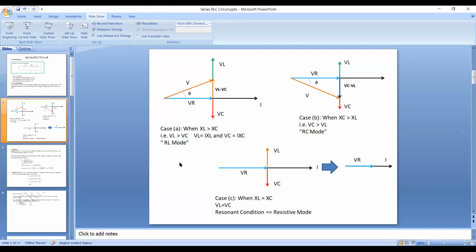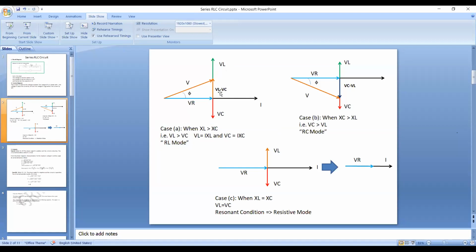Once we are done with the projection of VR, VC, and VL, let us consider the vector difference. If you see closely, VL and VC are antiphase vectors: with respect to current they have a 90-degree phase relationship, but they are opposite to each other. Since VL is greater than VC, you take the effective vector difference as VL minus VC.